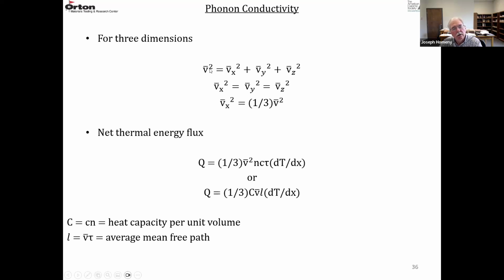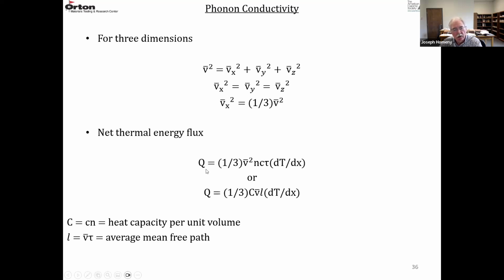So in 3 dimensions, x, y, and z, the velocity squared equals Vx squared plus Vy squared plus Vz squared. These 3 terms, Vx, Vy, and Vz, are the same. So Vx squared just equals 1/3 the average velocity squared in any direction.